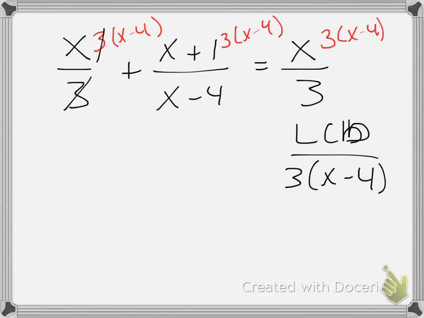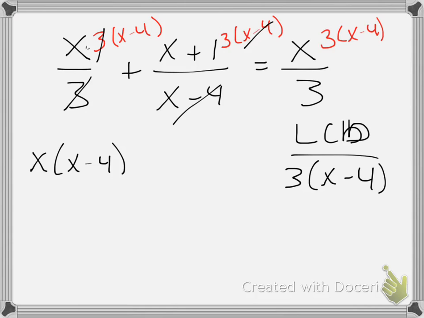If you wanted to, you could multiply the x times the 3 and distribute, but it would just be tedious and wouldn't be necessary. Since this is all multiplication, everything cancels out, in this case the 3. So I'm left with x times x minus 4.